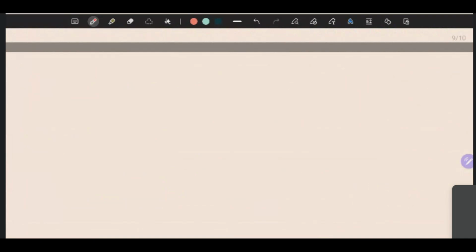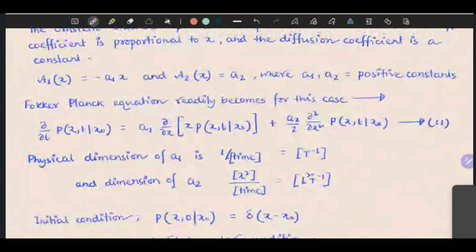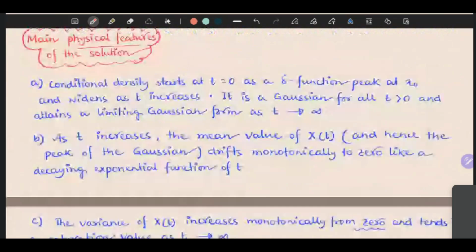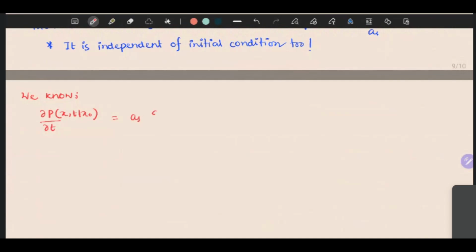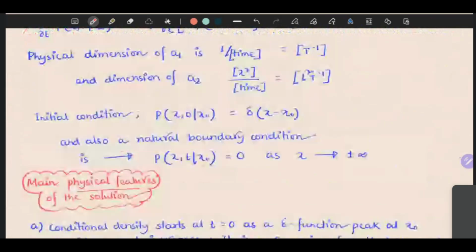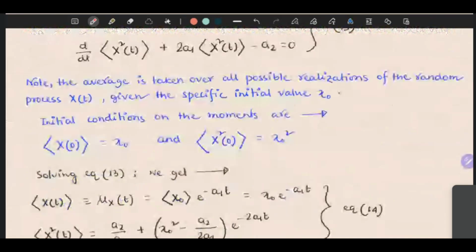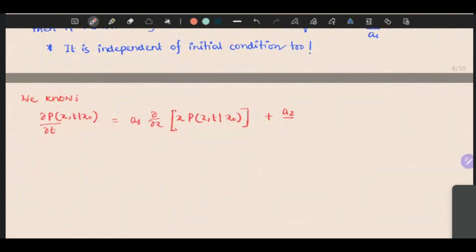Now we know del p xt x naught by dt is equal to a1 del x of x p xt x naught plus a2 by 2 del x2 p of xt x naught.